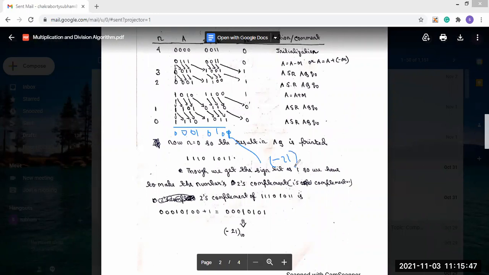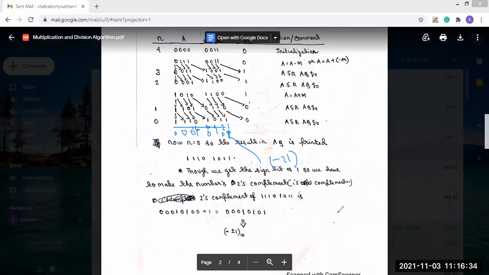We know that this is the form of minus 21, because if we see the 8421 code, it is 1, 4, 16, so 16 plus 4 is 20, 20 plus 1 is 21. Since we converted it to 2's complement form, the value is negative. So the result we get is minus 21.